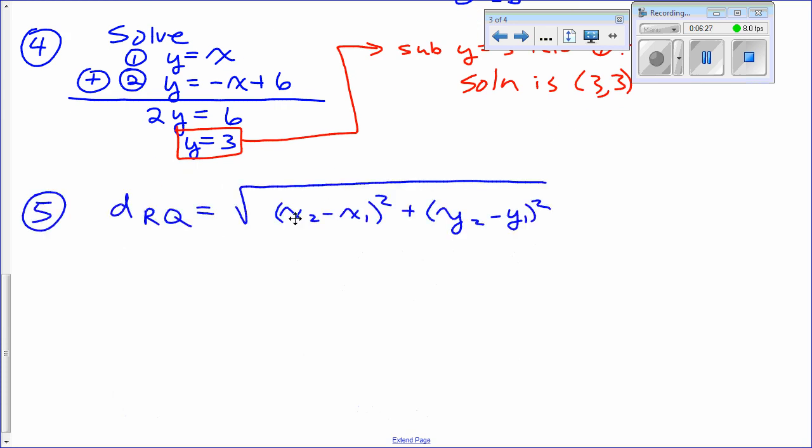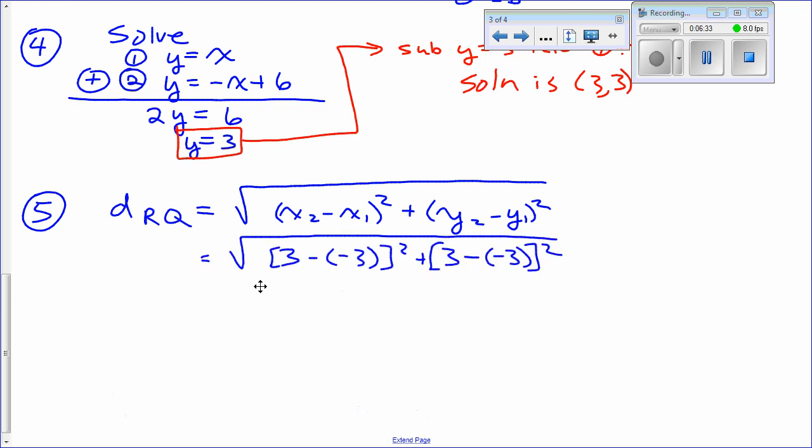So d_RQ is given by this, and then we substitute accordingly. Notice how I've changed my brackets into square brackets because I'm using Q as my x2, y2. When I have a round bracket inside of another round bracket, the outer bracket needs to be turned into a square.